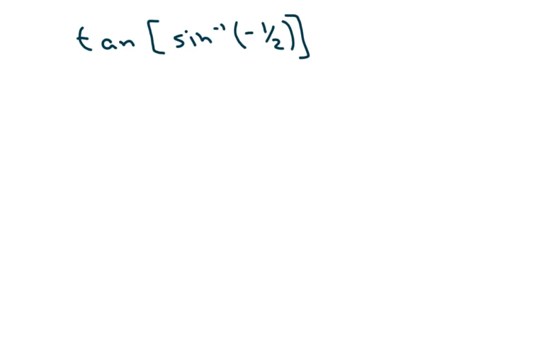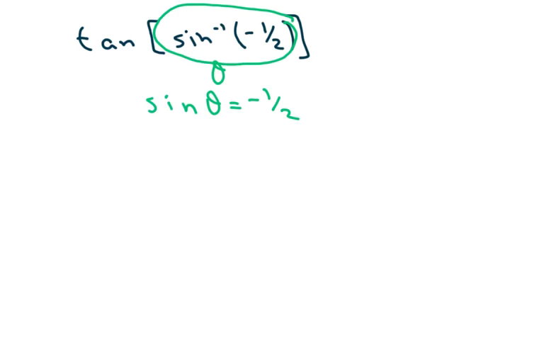Okay, the next one, we're just setting this to our angle. So basically, we have sine of our angle equals negative 1/2, where our restrictions are between negative pi over 2 and pi over 2. So basically, what you're going to get is negative pi over 6.